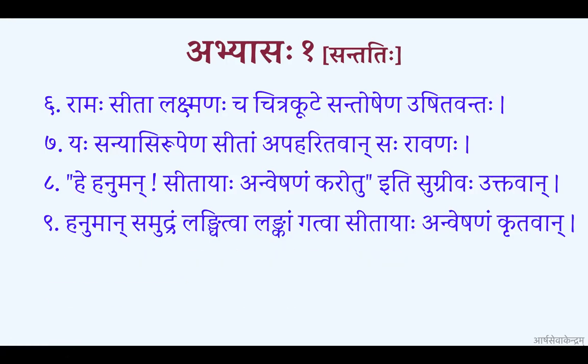Mahodaya, one question. So we ask Kriya is Krutavan, then Kaha Krutavan is Hanuman Krutavan. Hanuman Kim Krutavan is Hanuman Anveshanam Krutavan. Hanuman Kasyaha Anveshanam Krutavan, Sitayaha Anveshanam Krutavan. After that, what question do we ask?